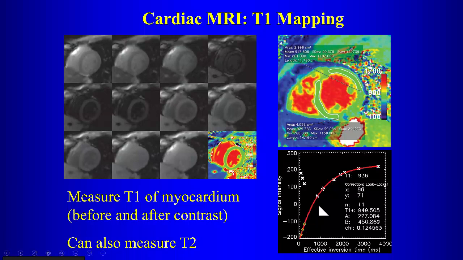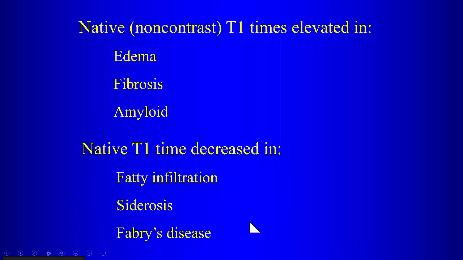You can do this with a look-locker sequence, like we talked about before, where we generate this curve about how quickly the signal recovers once we give a 180-degree inversion pulse, and from there we can generate a curve and then calculate a T1 time constant for the myocardium or for any region of interest based on how quickly the longitudinal magnetization recovers. So that is called T1 mapping.